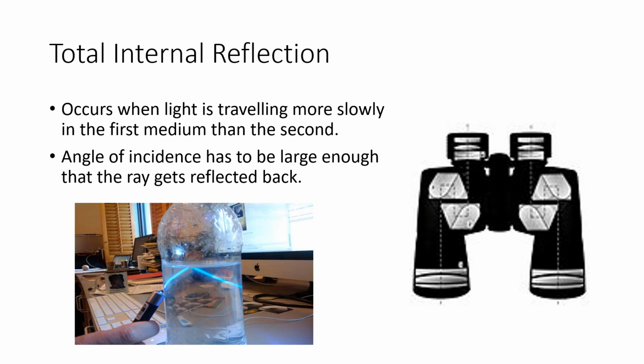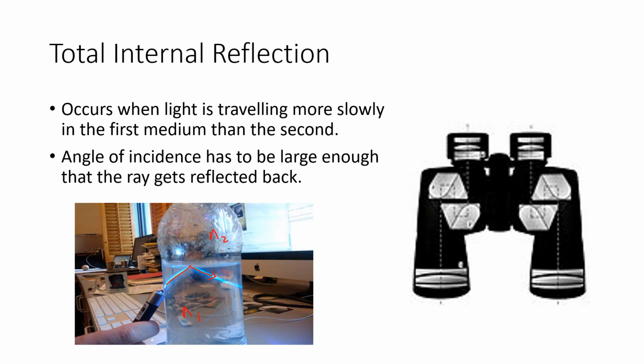So the last thing we're going to discuss here is a neat effect when you have light coming through from a substance where it's going slower to a substance that's going faster. And so since in those situations the amount of light bending is greater, it bends toward the normal, you end up with a point, if the angle is steep enough, that the light completely bounces off the surface between the two medium.